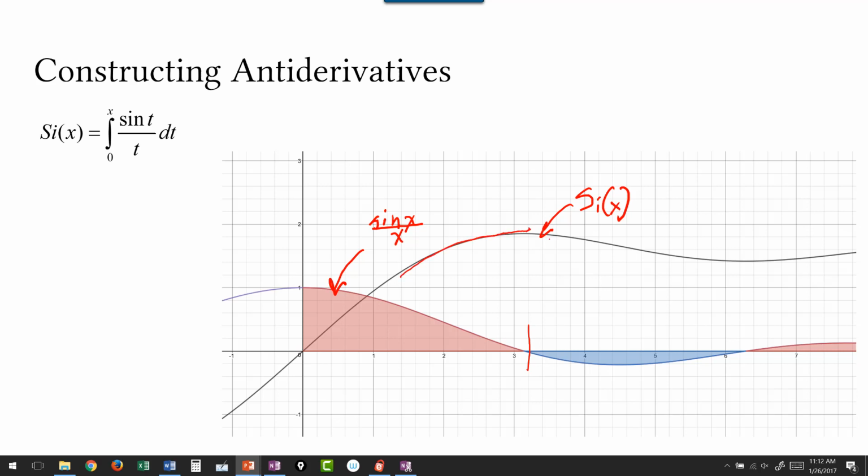And notice that it starts to decrease right about there when the area turns negative. And the function will continue to decrease until about here. When the area turns positive again, psi of x will then start to increase. So once again, even though we can't find an antiderivative in the usual sense for sine x over x, the fundamental theorem says, in fact, psi prime is equal to sine x over x.